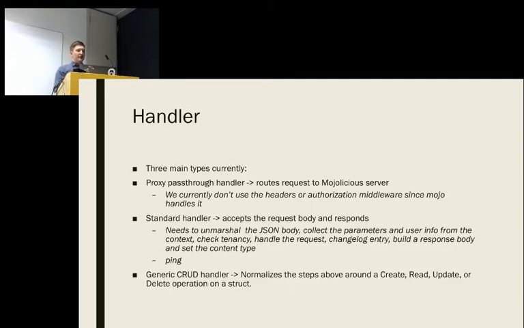And then again, we do the create change log. So that's the part that makes it so that we don't have to do that in every implementation. You just tell it that it's an API change, we've updated it, and this is the object that we updated.